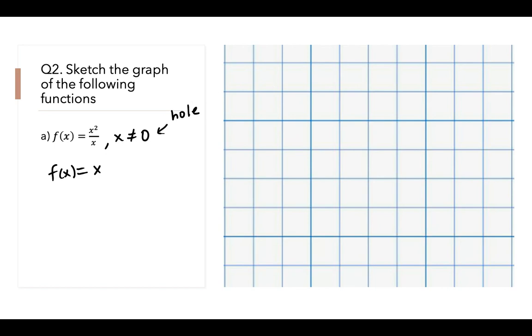Therefore, we can draw the grid. You'll be drawing the final graph that is the simplified version. So it's going to be a linear graph, except that it's not going to include 0. There is a hole at x equals 0.